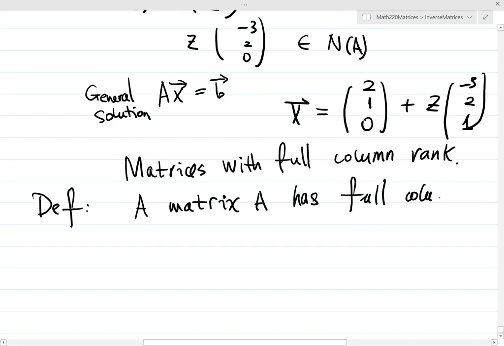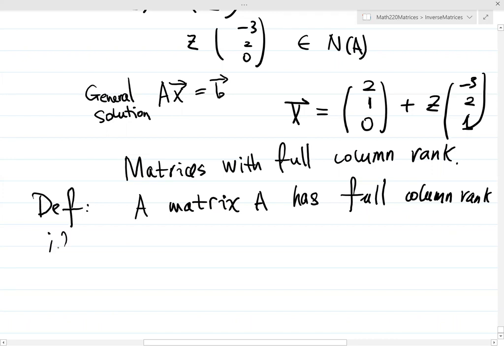Suppose the column number is n, so A has n columns. Then full column rank means all its column vectors are linearly independent, i.e., the space spanned by the column vectors is as large as possible, i.e., n-dimensional space.